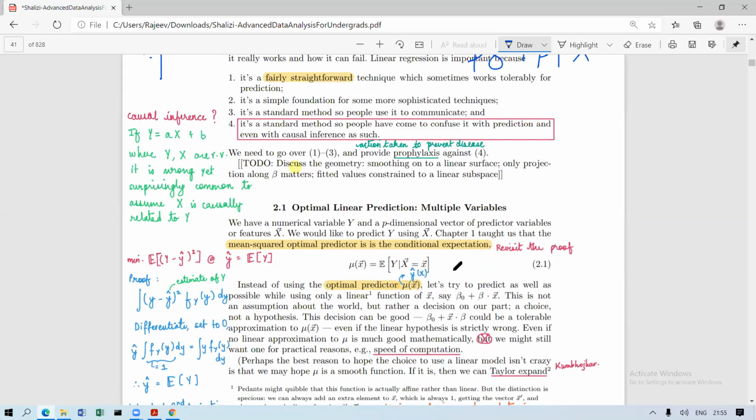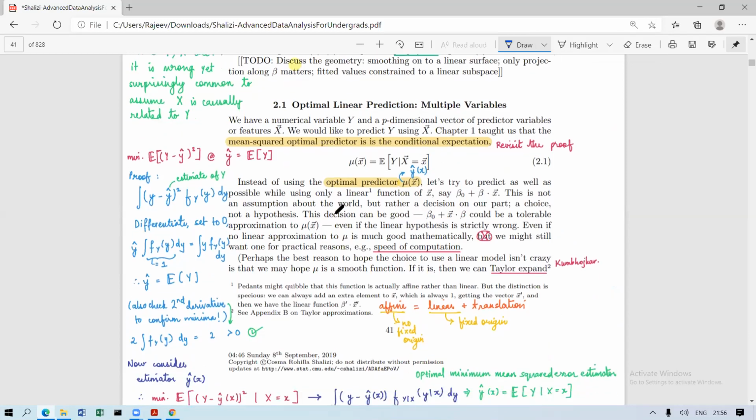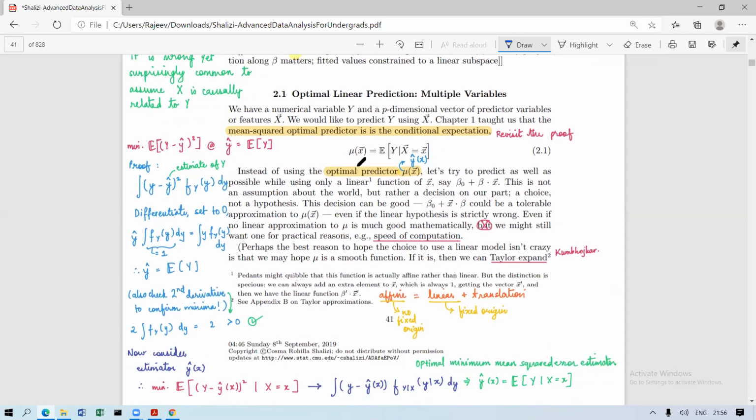As we had seen previously, any optimal predictor would be in the form of the conditional expectation of y given x. But now the decision is on our part that this function is equal to beta 0 plus beta 1 x. This decision can be good, can be tolerable, and can be very wrong.